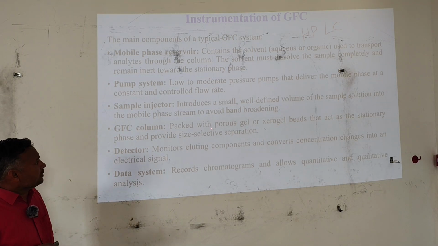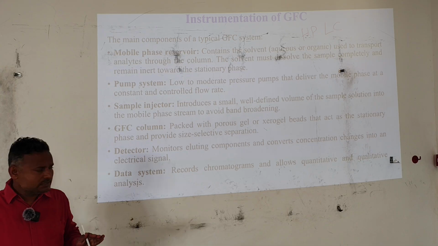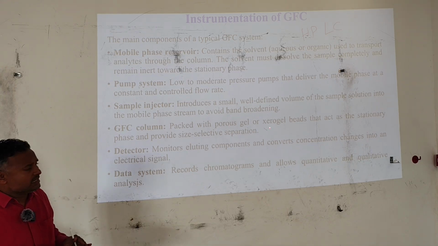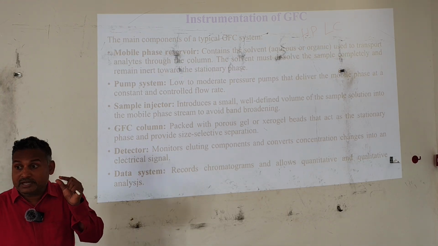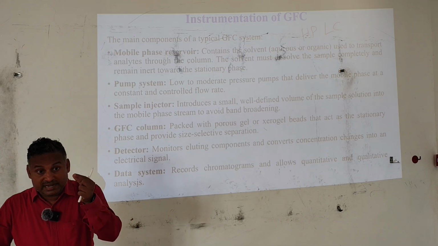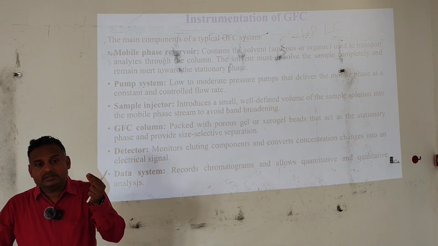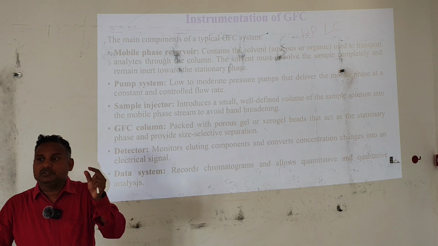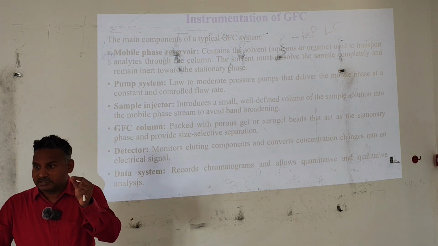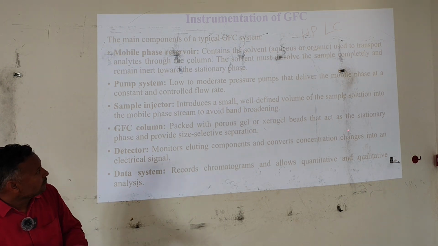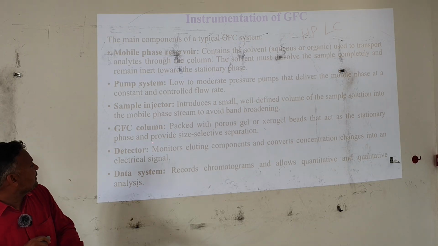GFC column is packed with porous gel or xerogels. Porous gel or xerogel means both are porous, but xerogels are dry and hard, whereas hydrogels are soft and spherical in shape. They act as the stationary phase and provide size selective separation.